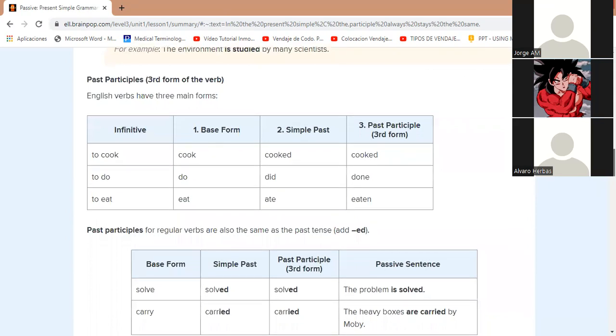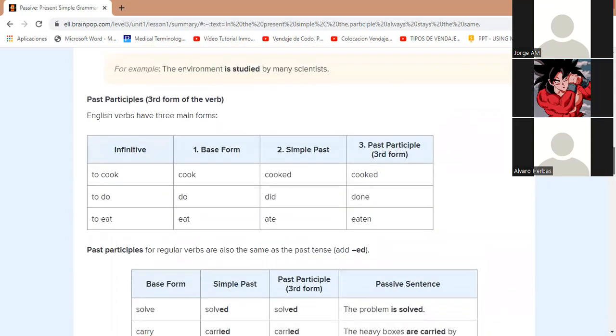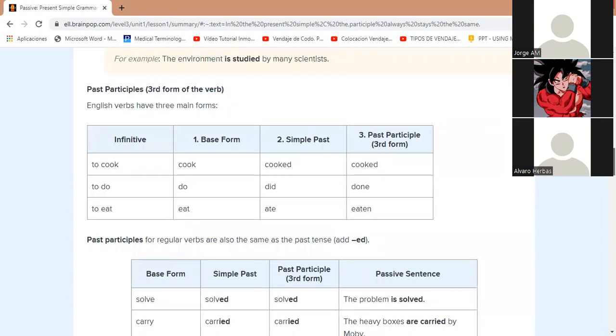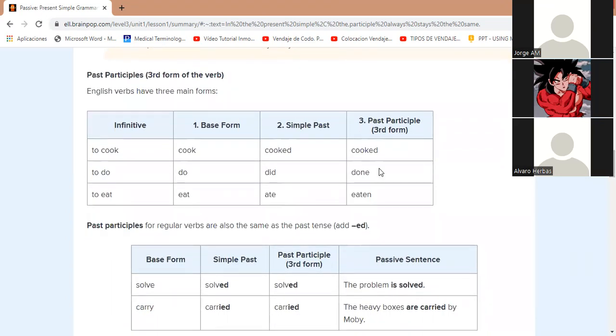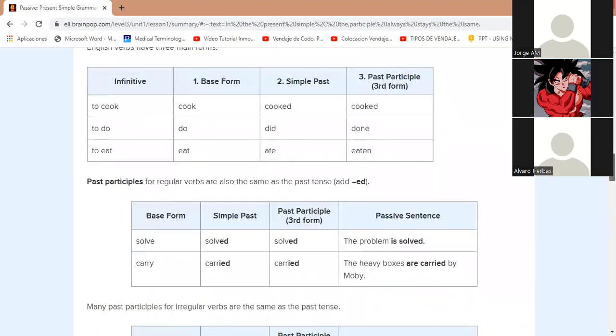All right, so this is what I wanted to show you, the past participle form of the verbs, right? So we have the base form of the verb, cook, simple past cooked, past participle cooked, just because it's a regular verb. And then you see the irregular verbs is just where it's a little challenging, right?